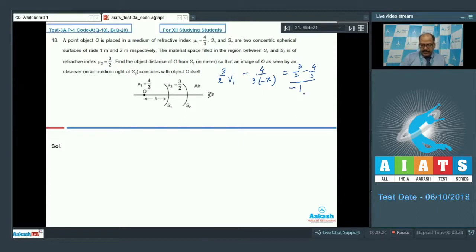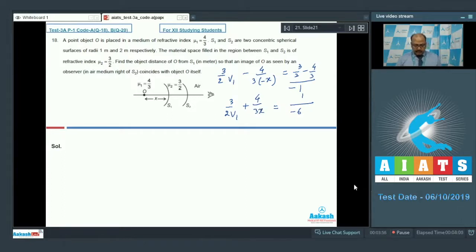Let's simplify further. The right hand side becomes minus 6 here, and then this is 9 minus 8, or minus 1 by 6. Left hand side is 3 by 2 V1 plus 4 by 3x.